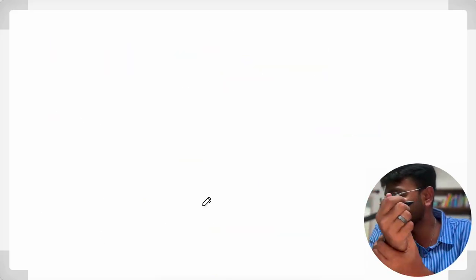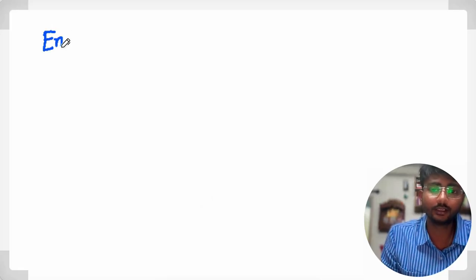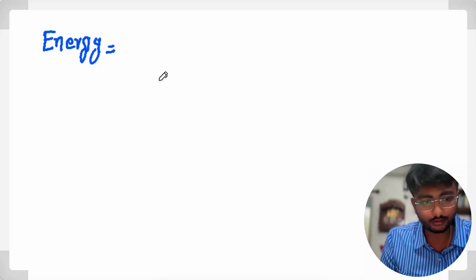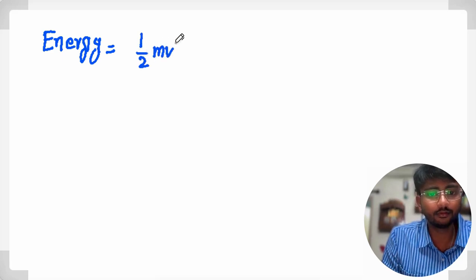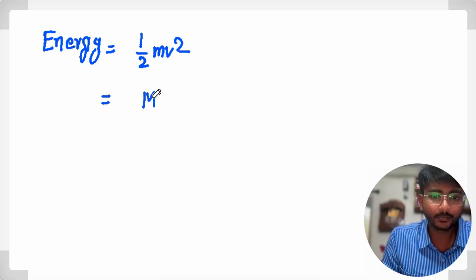Now let's consider another example, energy. You can consider any kind of energy. So here I am considering kinetic energy, that is half mv square. So m is what? Mass, that means m, and v is what?